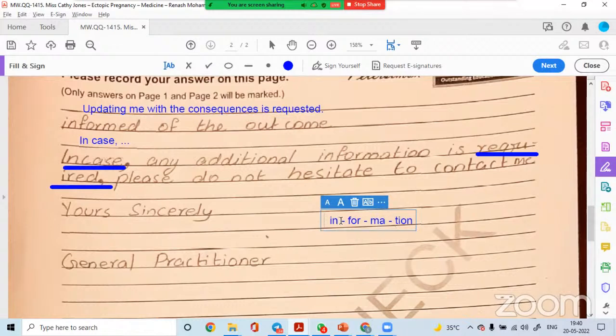You cannot separate in between. Breaking it within a syllable is wrong. Because you cannot break within a syllable. You can break only between two different syllables. Where there is a hyphen, there you can break. You understand now, Dr. Renash? Yes, sir. So that is how it is going to be.